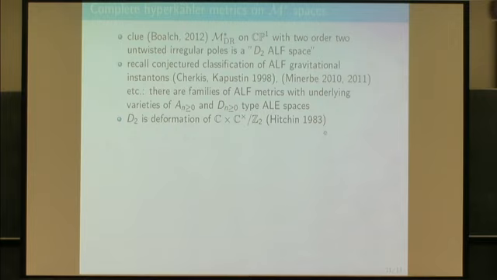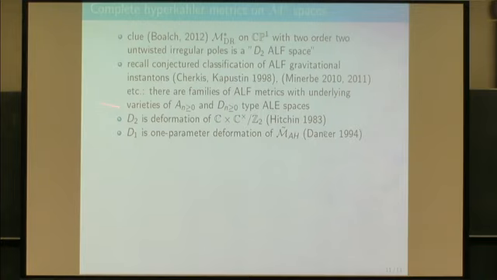So the case D2 corresponds to this case, and this turns out to be precisely the paper I already mentioned, where this Kummer construction was discussed by Nigel. He constructed a hyperkähler metric on the deformation of the Kummer construction, but now for C times C star, not Z2. Then D1, okay, this is all weird because I don't see a D1 Dynkin diagram, but this is somehow notation.